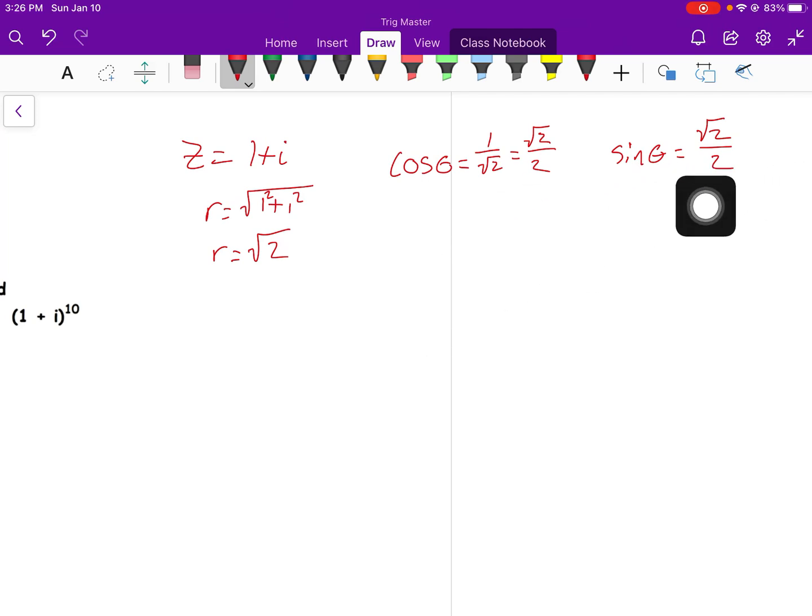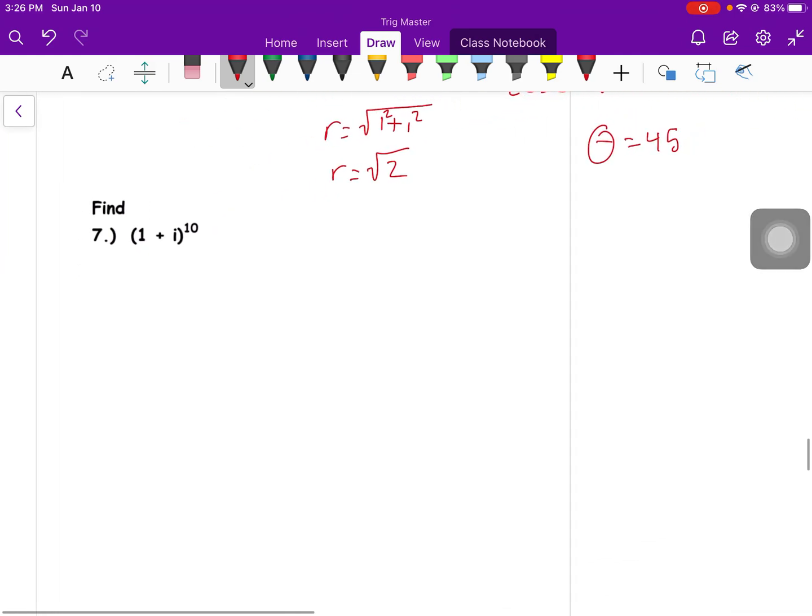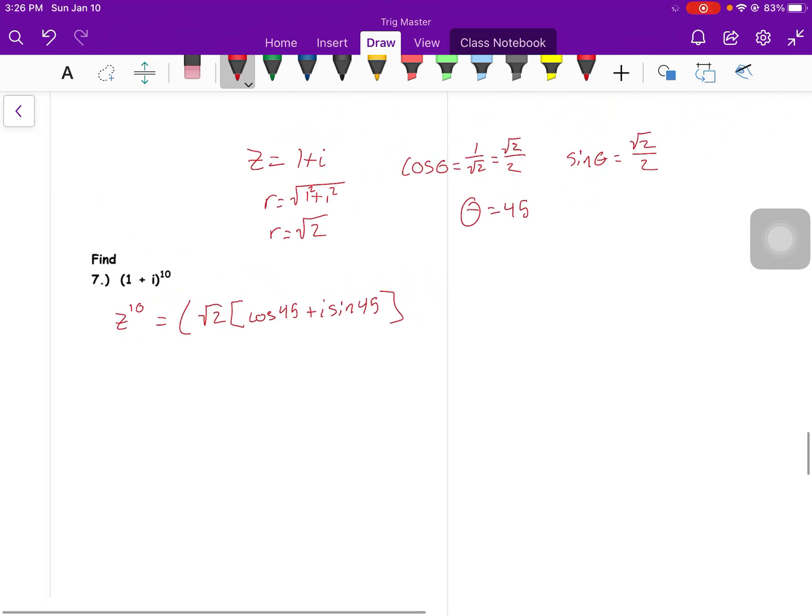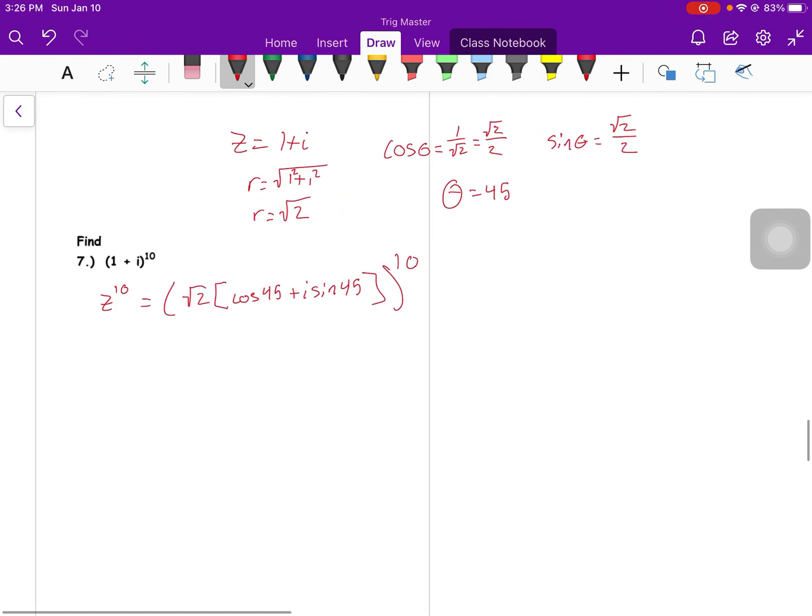If they were both negative, then it could have been in quadrant 3, but we're in quadrant 1, so theta has to equal 45 degrees. Otherwise you could have said this is 45 or 315, and this is 45 or 135. 45 is the overlapping part. So z to the 10th is equal to square root of 2 times cosine of 45 degrees plus I sine of 45 degrees, and then that is all to the 10th.